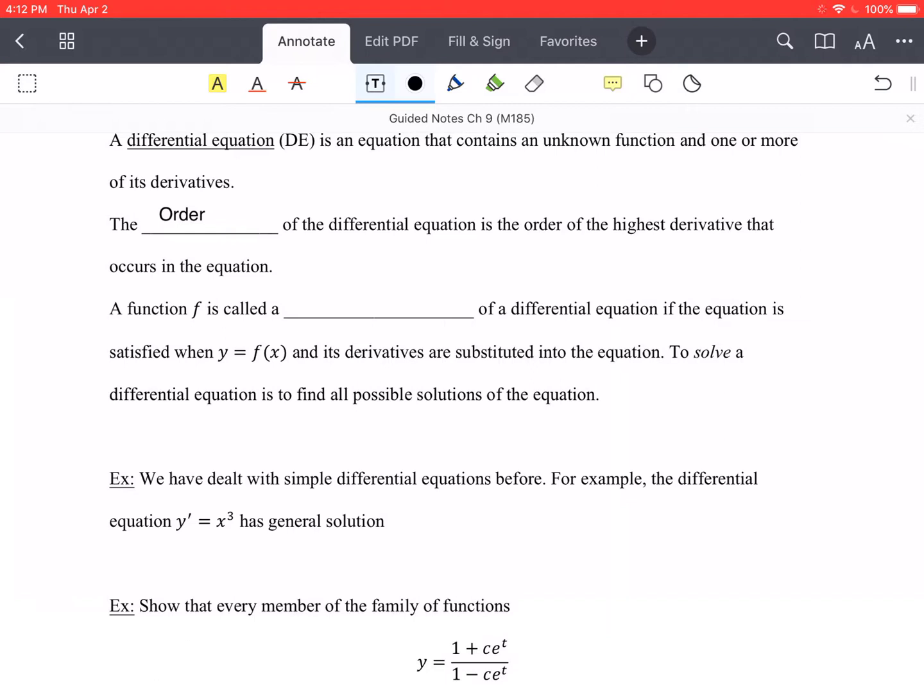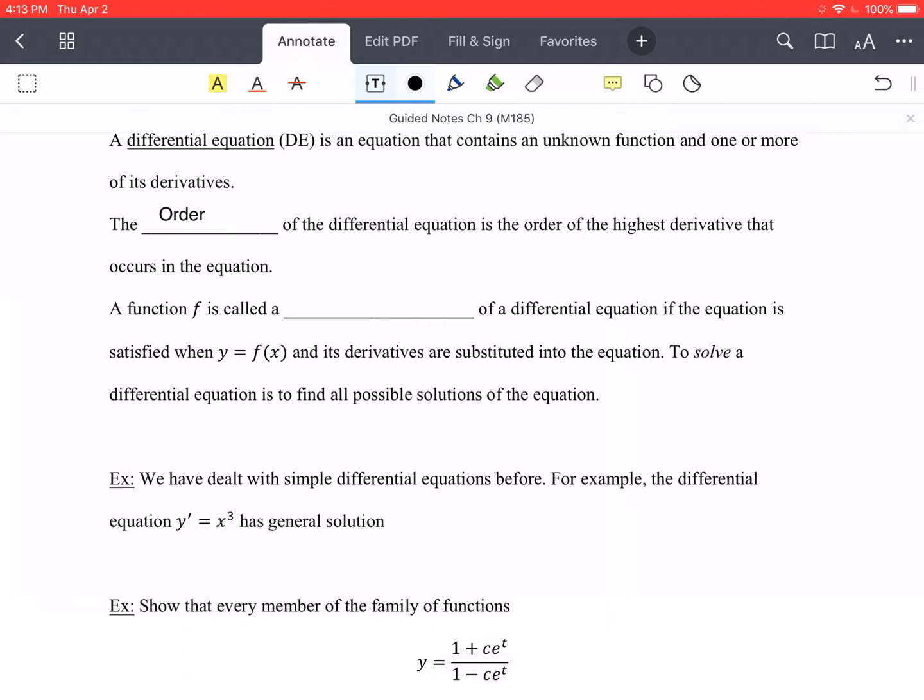So if it's a first derivative, then it's a first order differential equation. If it's a second or third derivative, we say it's a second order or third order differential equation. For our purposes, we're only working with first order differential equations.